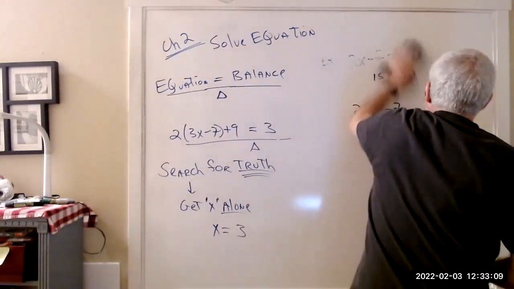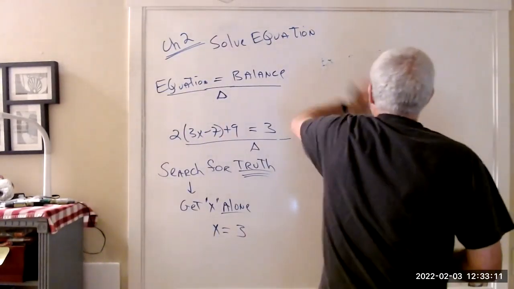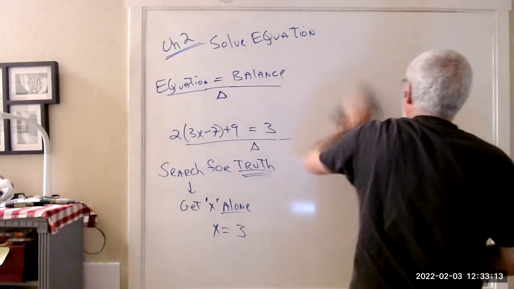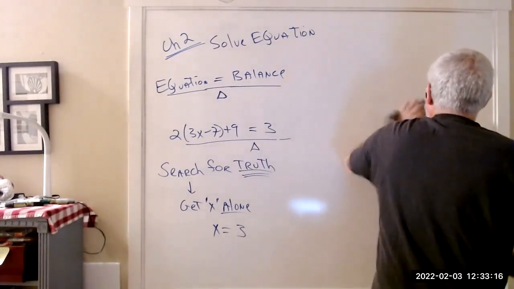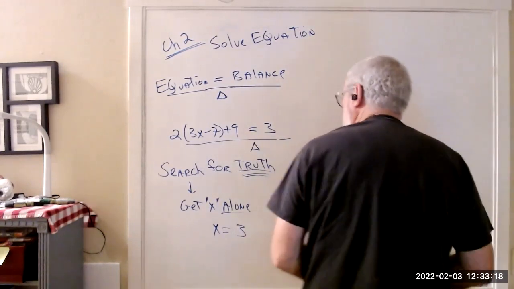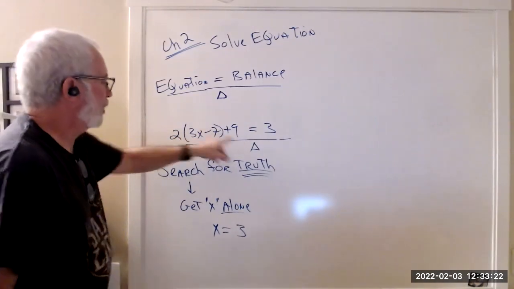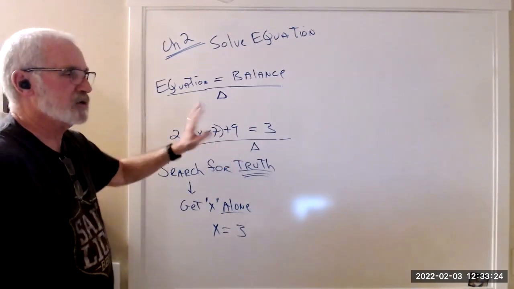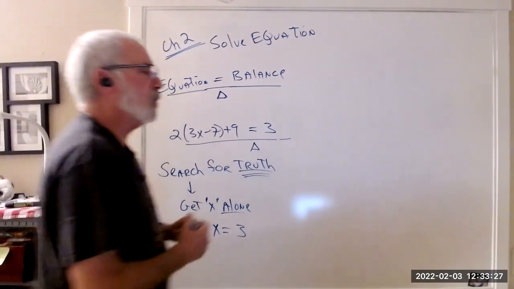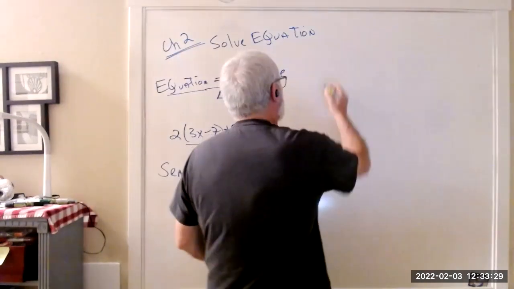There are some fundamental ideas that we start with. And over here, back when I said, because it's balanced, we have to do the same thing to each side. We have some basic ideas.